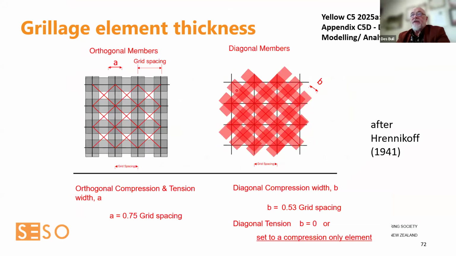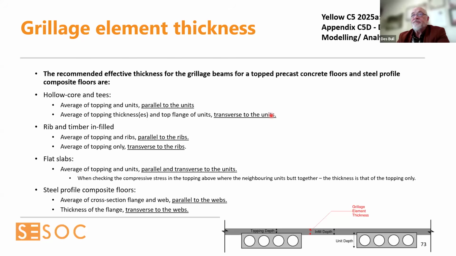Appendix C5D of Yellow C5 gives us the dimensions. The members' dimensions come from Hrenikoff's PhD. It's an idea of giving you an equivalent stiffness to a solid plate. In New Zealand, on the diagonals, we have no tension on the diagonals. There's a lot of information here.